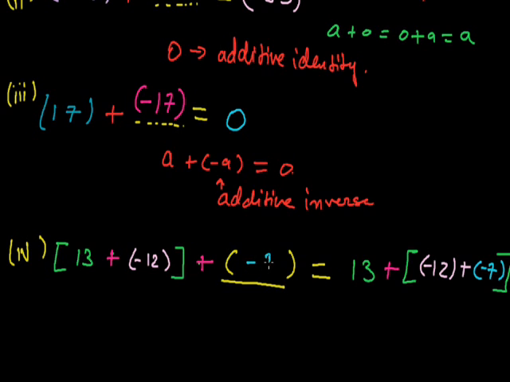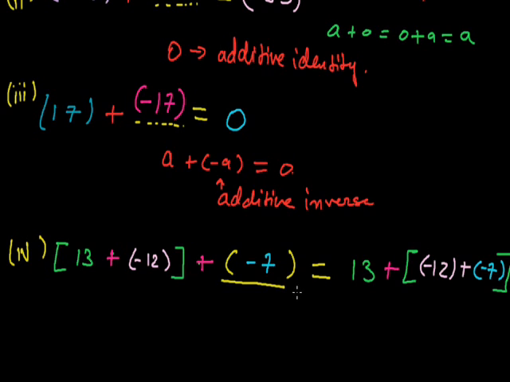Let us just check it out. 13 minus 12 will give you 1 and minus 7 will give you minus 6. Here minus 12 and minus 7 will give you minus 19 and plus 13 will again give you minus 6. So both sides are equal. That means the number minus 7 here is correct.